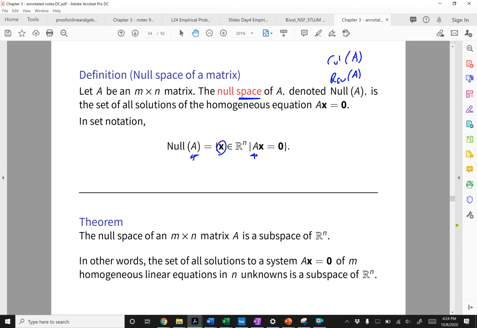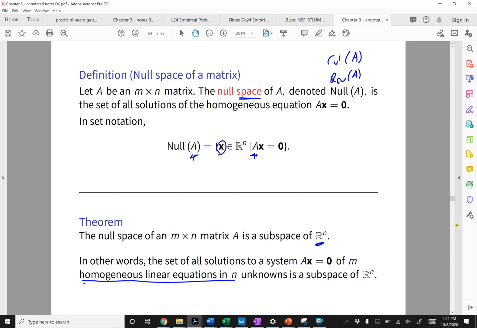We call it a null space, so it might not be too surprising that it is a subspace of Rn. The null space of an m by n matrix A is a subspace of Rn. In other words, the set of all solutions to a system Ax equals 0 of m homogeneous linear equations in n unknowns is a subspace of Rn.